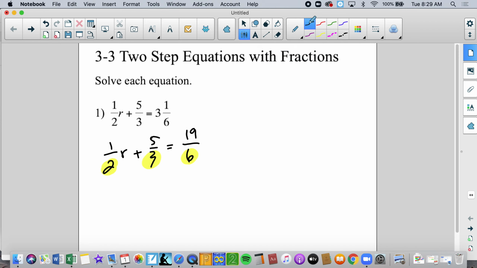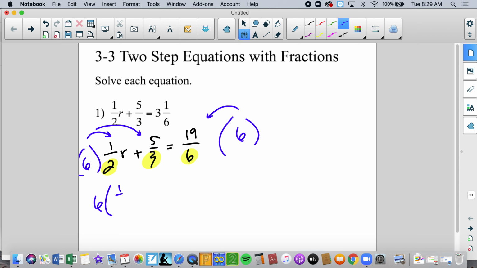One way of doing it would be just multiplying all three of them together, but that's very inefficient, and that would give you just a common multiple, not the LCM. So we're going to take 6 and multiply both sides of the equation by 6. So we have 6 times 1/2 r plus 6 times 5/3 equals 6 times 19/6.